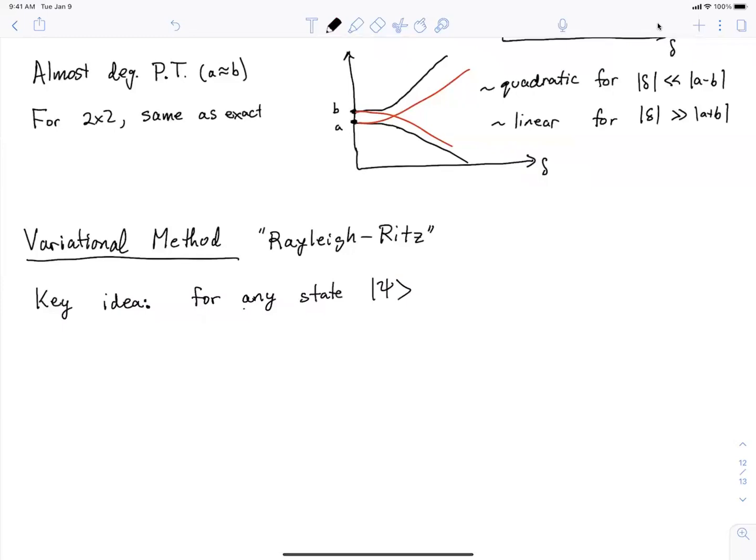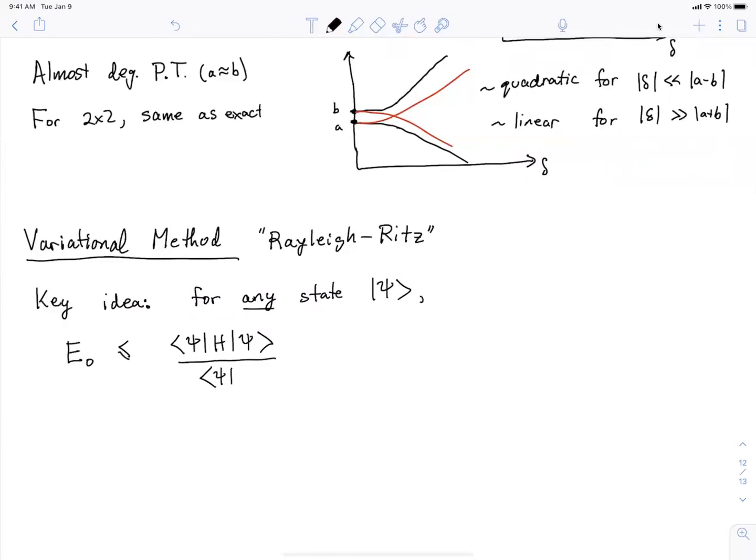It's not necessarily an eigenstate of anything. Then it's true that the exact ground state energy is less than or equal to the expectation value of the Hamiltonian in that state that you chose randomly.